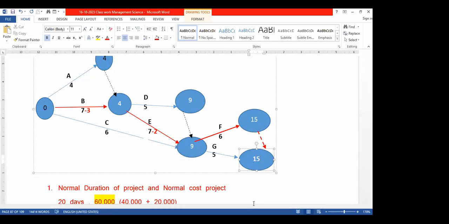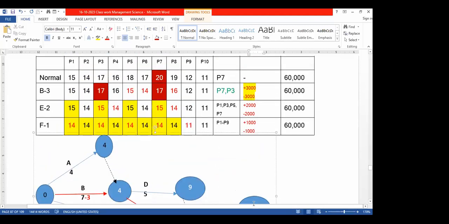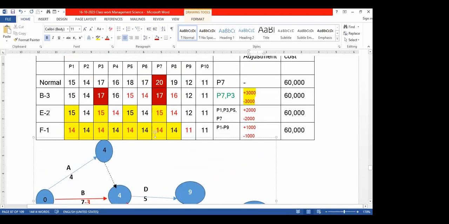So the effect on cost and changes: E is reducing by 2 days.